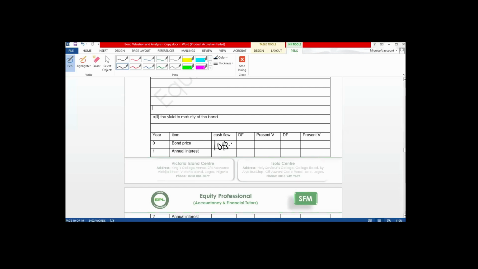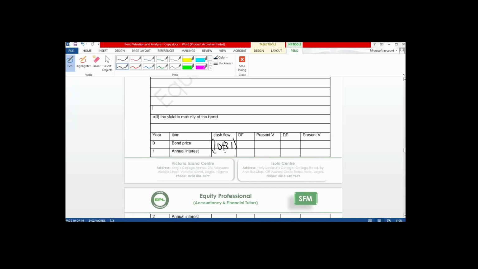You can pick approximate. Please note, the price in year 0, that is the amount we are going to pay to buy one bond. That price will be in bracket. It's a negative. If you are buying the bond, that means you are investing. Year 0 is the year of investment. That is the initial investment amount.